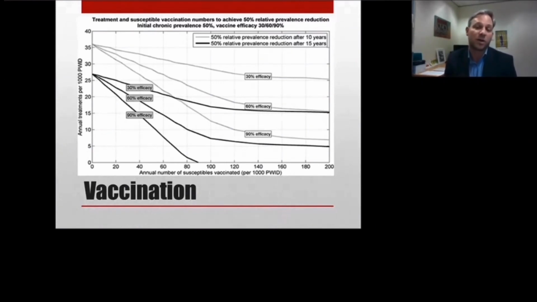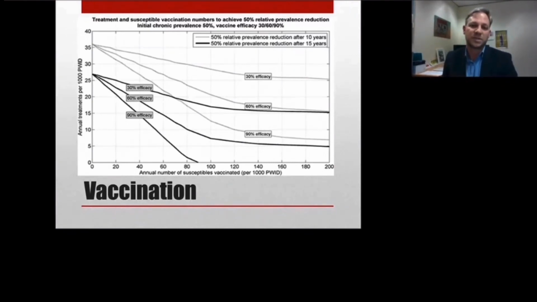So for example, if you've got a vaccine that's 90% efficacious, and you can vaccinate, for example, 80 susceptible individuals per 1,000 people who inject drugs, then you only need to treat a few individuals who inject drugs each year.